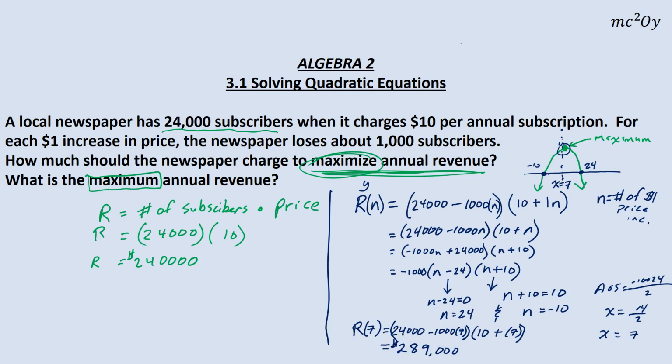Okay, and that's what they're asking. That means when x equals 7, my vertex is at 7, 289,000. So when I do 7 price increases, I'm going to have a revenue of $289,000, and that is my maximum revenue.